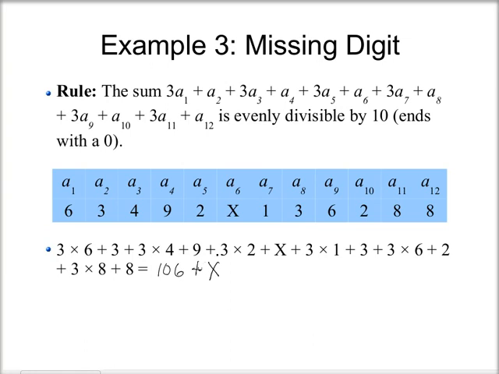Alright, so to follow the rule, I need to find a number X that's going to make this end in 0. So the next number that ends in 0 is 110. So if I want 110 to be equal to 106 plus X, then if I subtract 106 from each side, that's going to tell me that 4 is my scratched off digit. So the digit that's missing should be a 4.